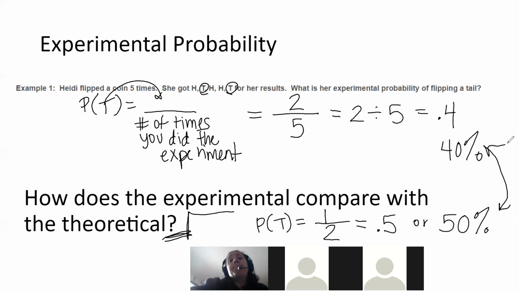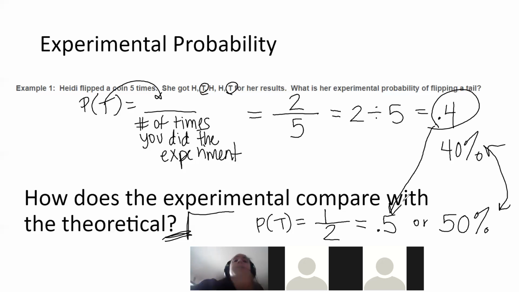But yeah, interesting. Question for you guys, how do you think Heidi could potentially get her experimental probability closer to this theoretical probability? What could she do to get her results a little bit closer?